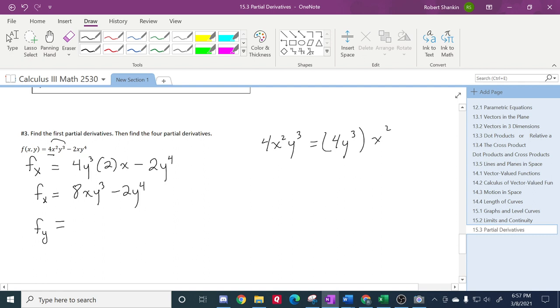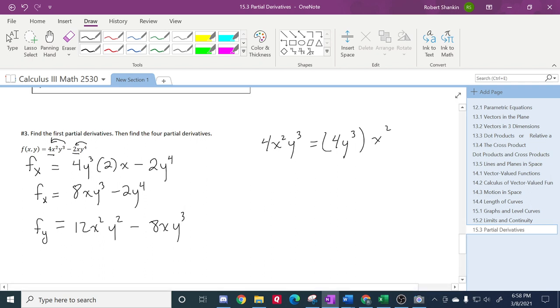This 3 gets multiplied in, and it becomes 12x squared y squared minus, and then you treat both of these as if they're constants now. 4, and you got what, 8xy cubed, like this? Yeah. Okay. All right.